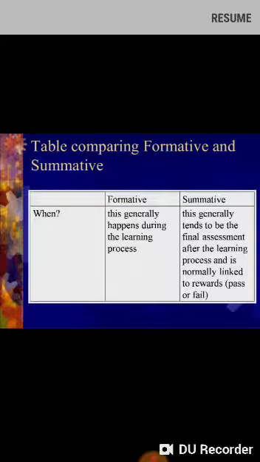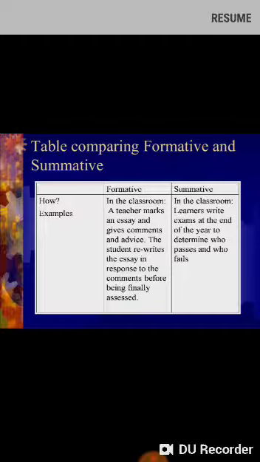Now here we will discuss the example of formative and summative assessment. In formative assessment, in a classroom, a teacher marks an essay and gives comments and advice. The student rewrites the essay and responds to the comments before being actually assessed.